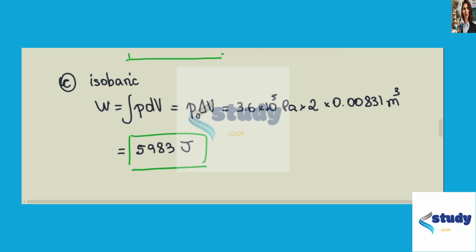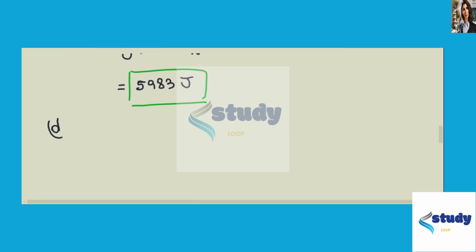In question D, we have to draw the PV diagram for each case and say in which case the absolute change in the work is greatest and smallest. So let's start with the isothermal process. Remember that P is proportional to 1 over V in that case.